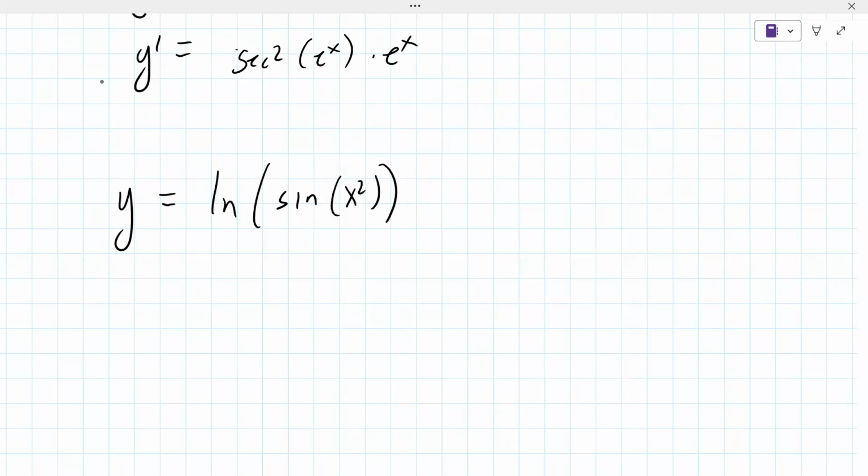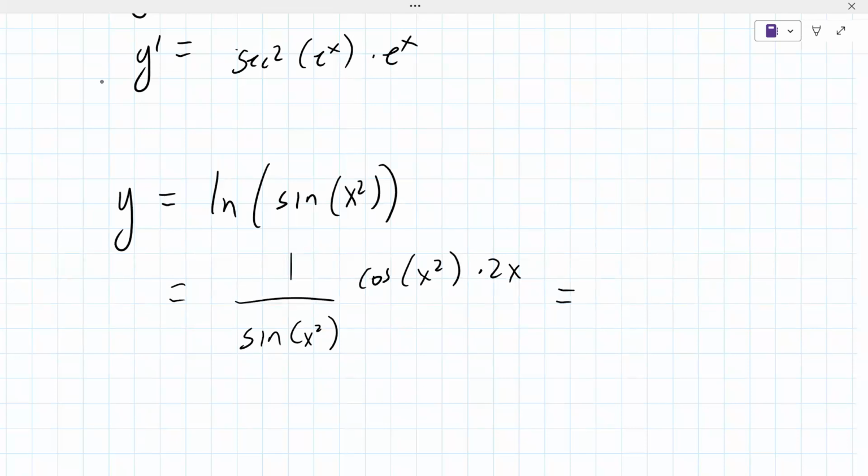Cosine x squared over sine x squared. What about the derivative of the inside function? Oh, you're right. So 2 cosine x squared? Or 2x, sorry. And then cosine over sine is cotangent. So you could write cotangent x squared times 2x. But more importantly, you have to take the derivative of that inside function. Okay.